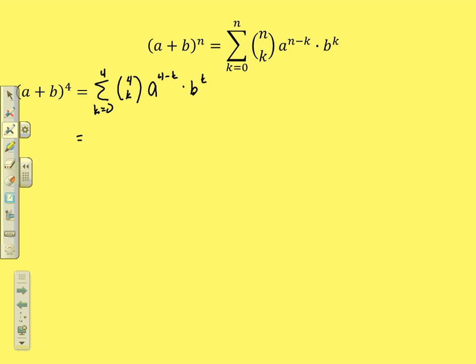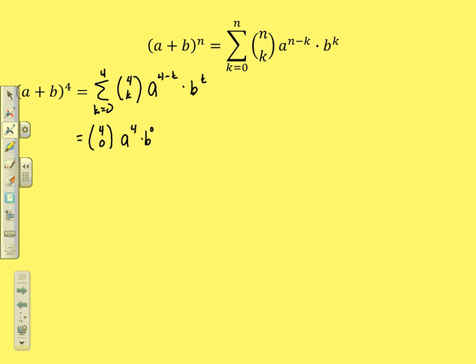I'm going to say here 4 choose 0 times a to the 4 minus 0 power, which is just 4, times b to the 0 power, which is really just 1. So if you just want to say 1 there, that's fine. And then we're going to go through all of them.